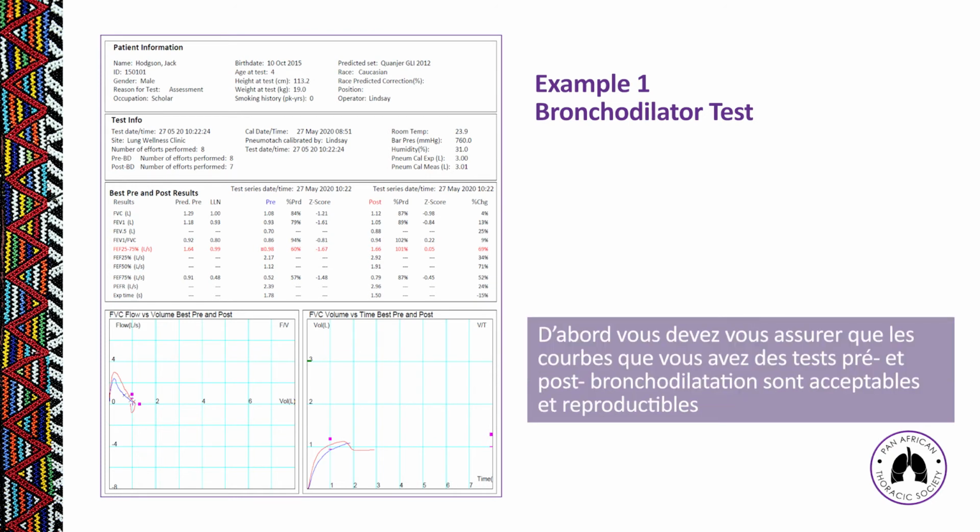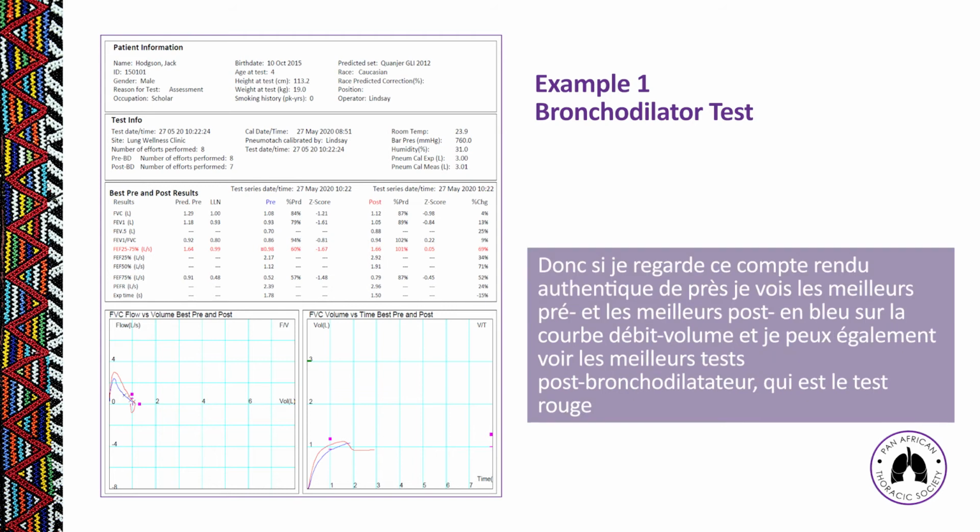What you would look for is, first of all, to make sure that the curves that you have pre and post bronchodilator are acceptable and repeatable. So if I have a good look on this actual test report, I can only see the best of all the blows that was done pre, in the blue on the flow volume graph, and I can see the best of the test that was done post bronchodilator, which is the red test.